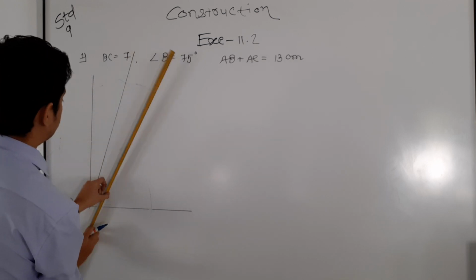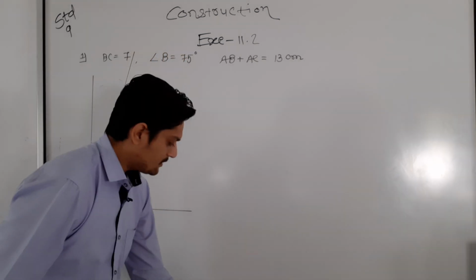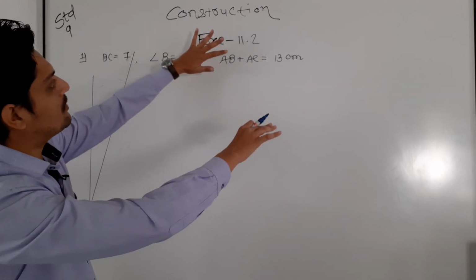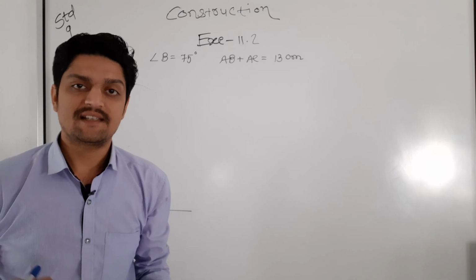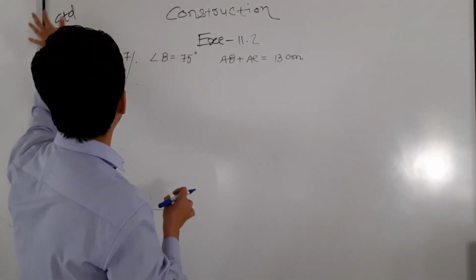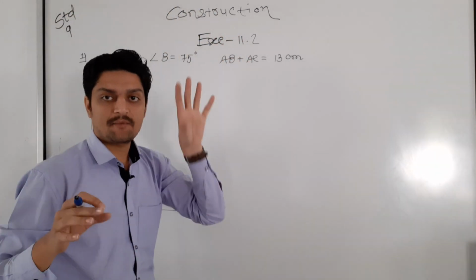Okay, this is 75-degree. I am going to rub out these things because I have to draw a proper and big construction, so all of you can see this. So this extra thing, this chapter name and standard name, all these things I am going to rub out.